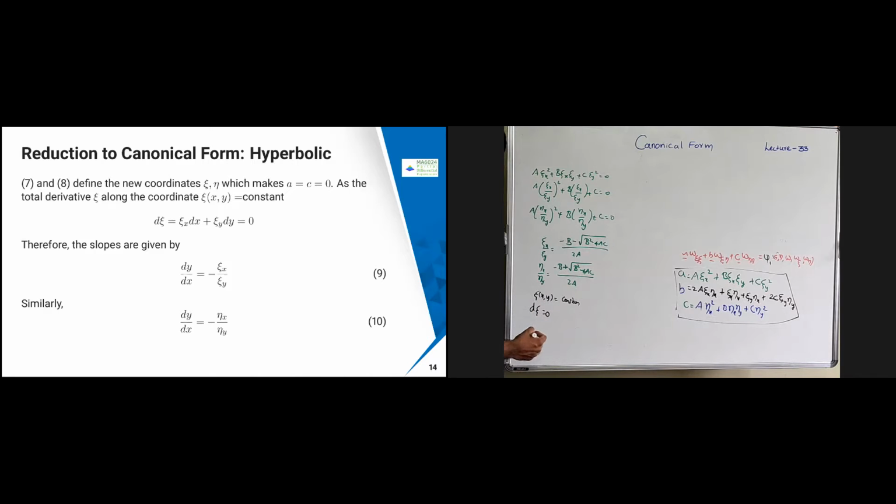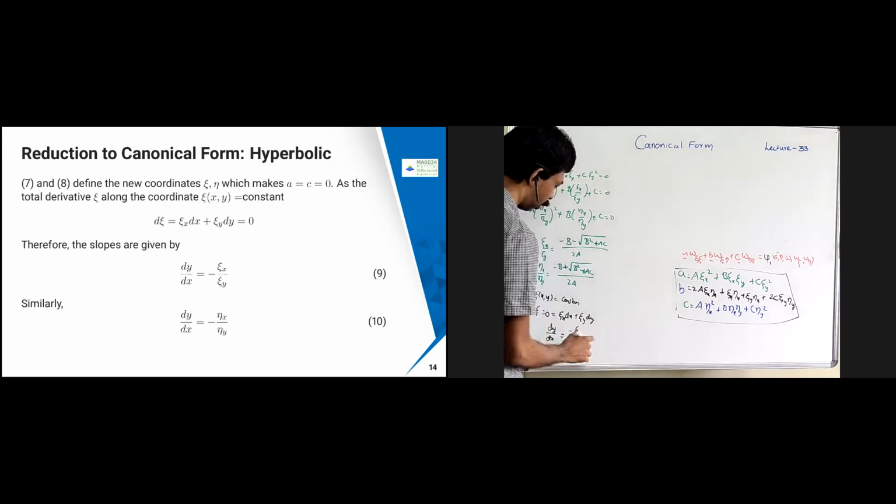What is d psi? d psi is nothing but chi_x dx plus chi_y dy. If this is equal to 0, then I can write dy/dx equal to minus chi_x by chi_y.